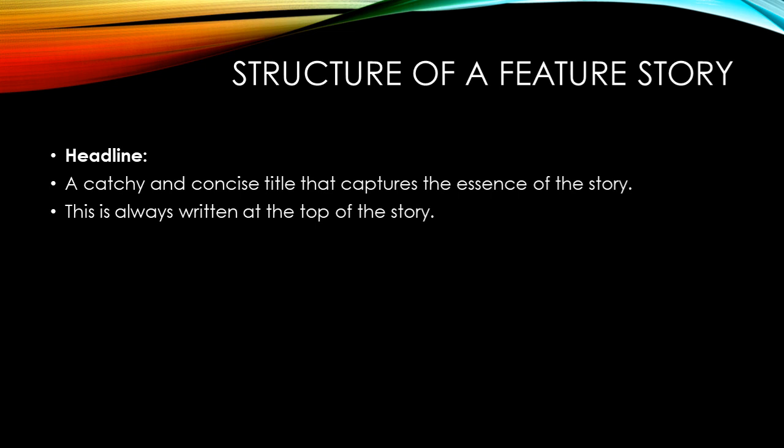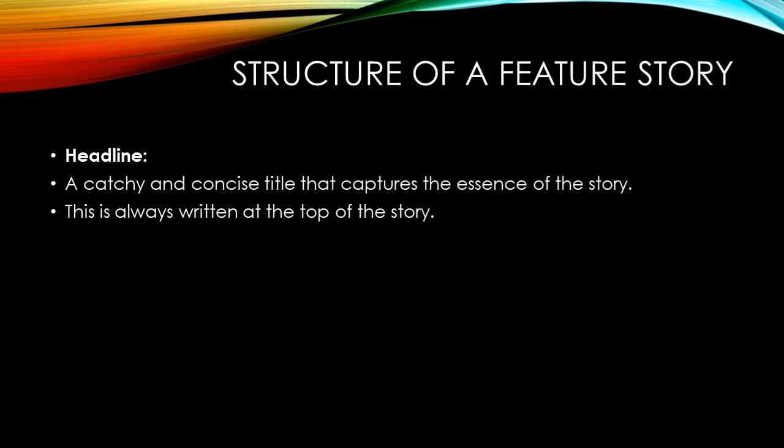Okay, now we talk about the structure of a feature story. So the first thing is the headline. Always remember, we've also learned this in the previous lesson when we were talking about a news article, that a headline is a catchy and concise title that captures the essence of the story. So, for example, for the person who survived the accident, we have to create a headline out of that.